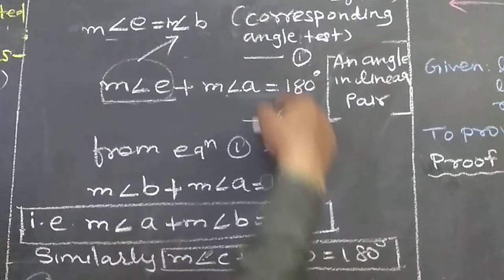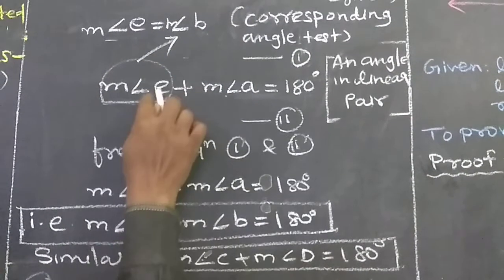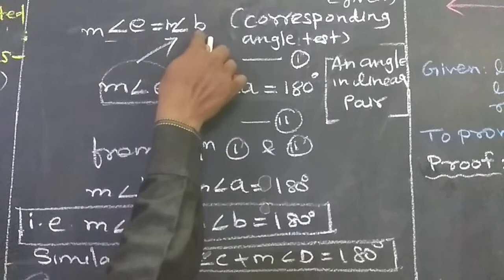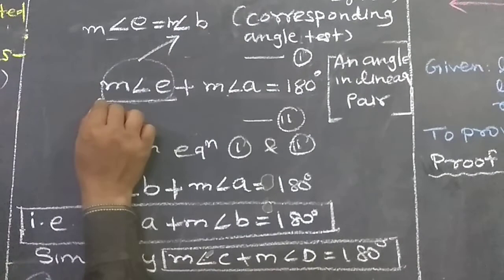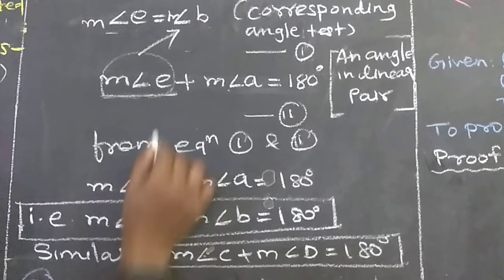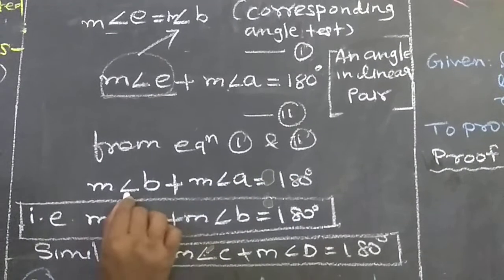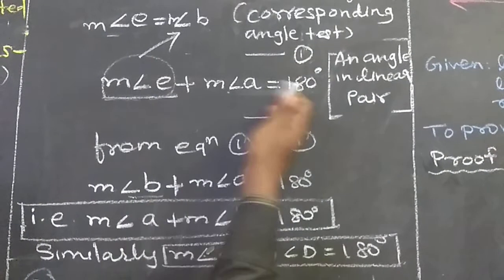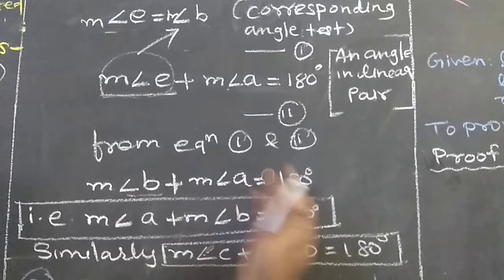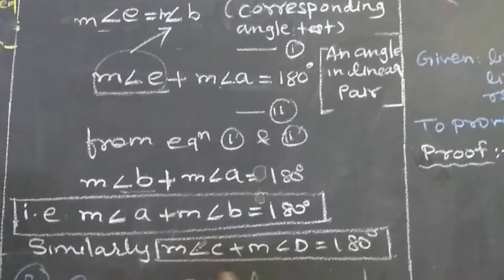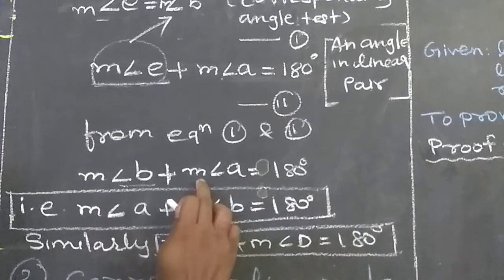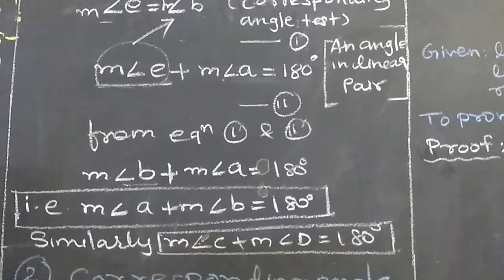Yes. From 1 and 2 I come to know the measure of angle E is equal to the measure of angle B. So instead of measure angle E, I am going to write measure angle B, and the remaining part I am going to write as it is. You can see here, now it's proof. Measure angle B plus measure angle E is equal to 180 degrees.